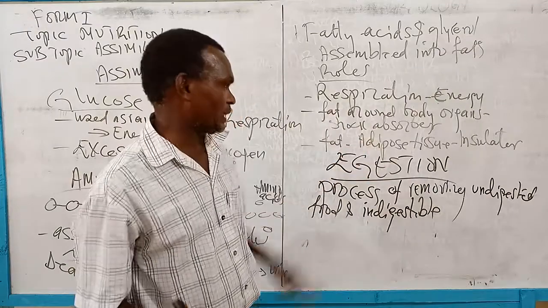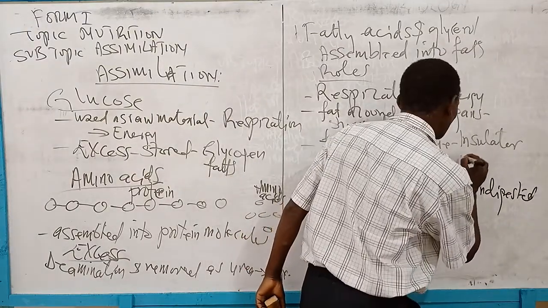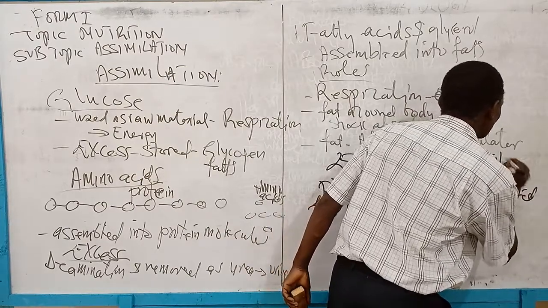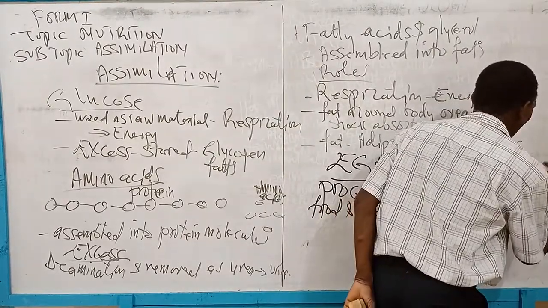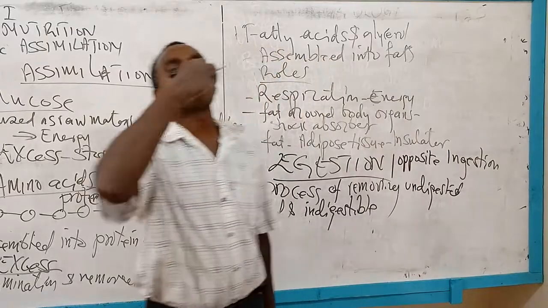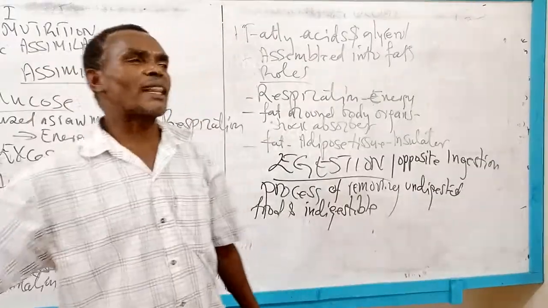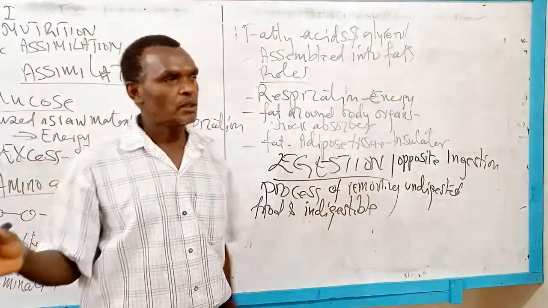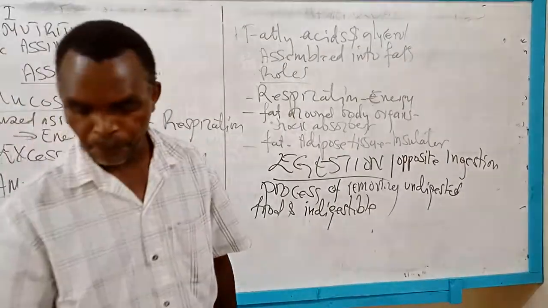And the opposite, if you are in an English class, we deviate a bit: the opposite of egestion is ingestion. When you are putting food into the mouth, that is ingestion. When it is passing out in the other direction, it is egestion. So, that is the case.